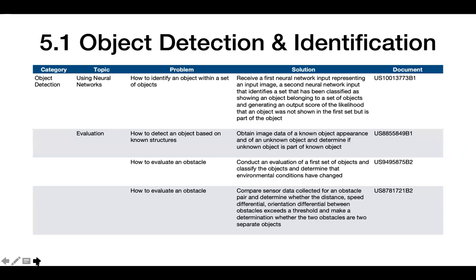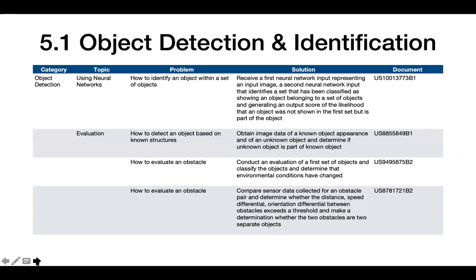First neural network representing an input image, second neural network that identifies the set that's been classified as showing an object belonging to its set, and then an output score from these neural networks giving us the likelihood that the object was not shown in the first set, but it's part of the object.